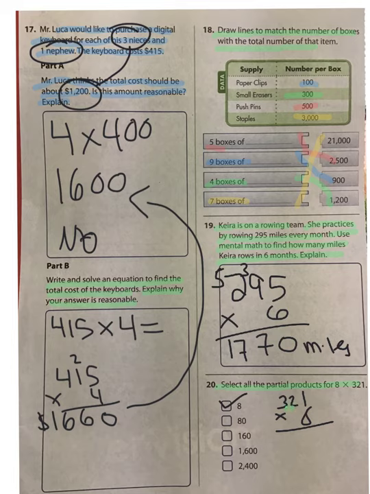And 8 times 20 is 160. Last, we would multiply 8 times 300. And 8 times 300 is 2,400. So that would be the last choice that I can't quite highlight because it is under the part that I'm writing on. But it should be 2,400.